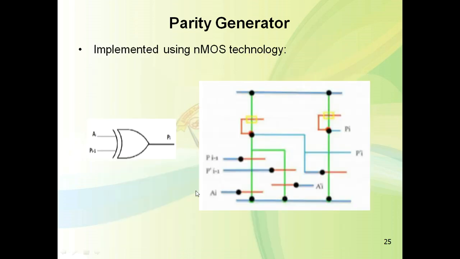Likewise, you can see here these two transistors, P(i-1) and Ai, and P(i-1) bar, or P(i-1) complement, and here Ai dash. So these are in series, and we can implement it likewise. Okay, this is about the parity generator.